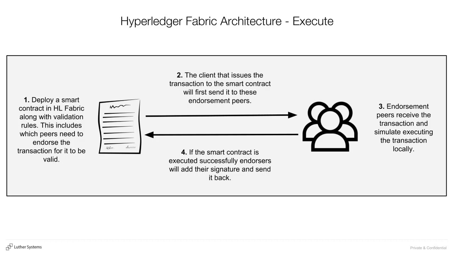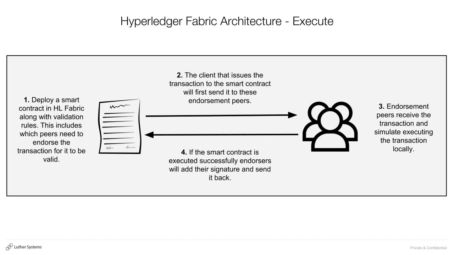So there's a concept of endorsement peers. When you create a smart contract and deploy it to the network, you say these transactions related to the smart contract are only valid if they receive endorsement from these peers.